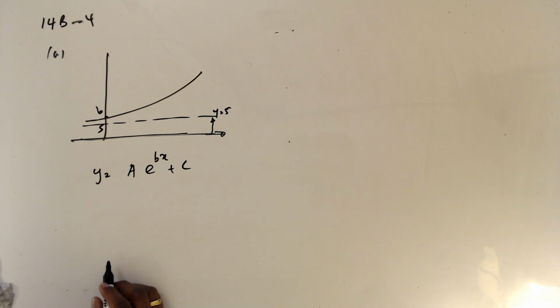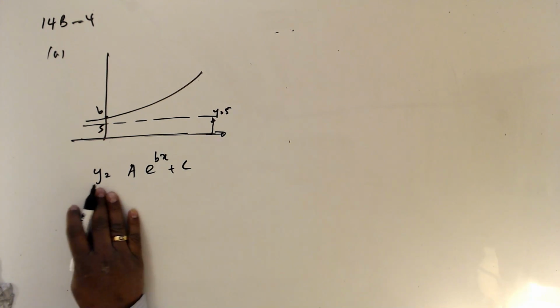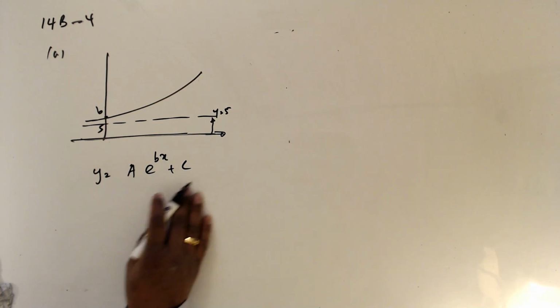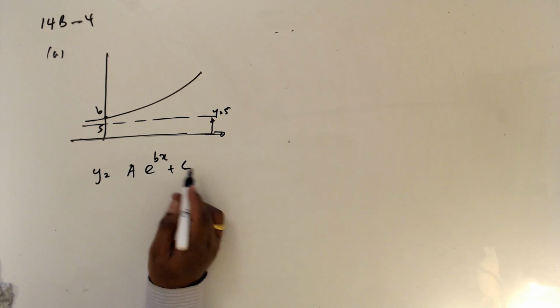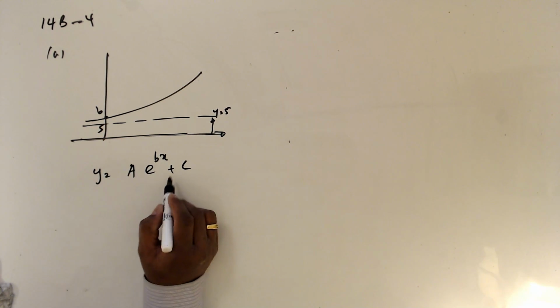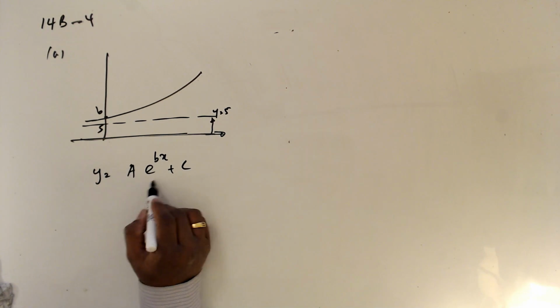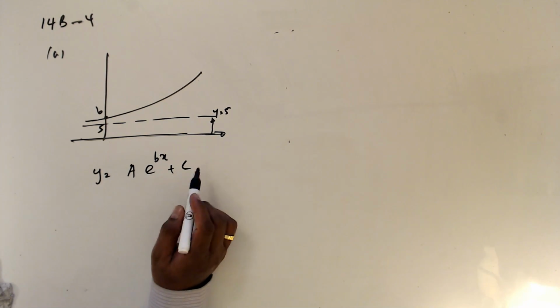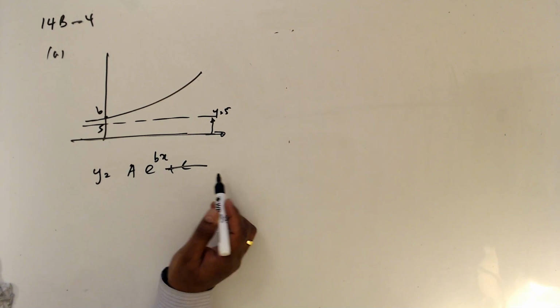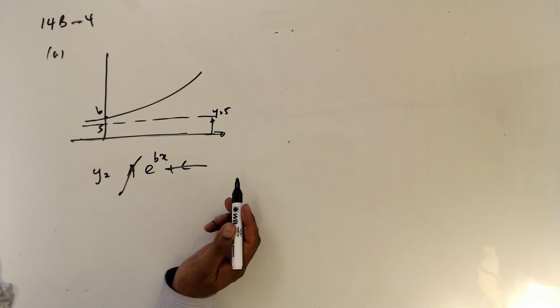And let's look at question number 4a. This is y equals a e^(bx) plus c. Now when you look at this kind of graph, it has certain tasks in here. First of all, where is the exponential? This is not exponential. This is not exponential.